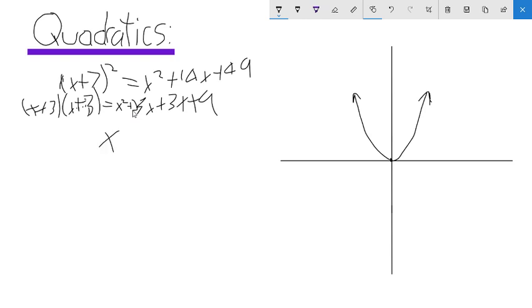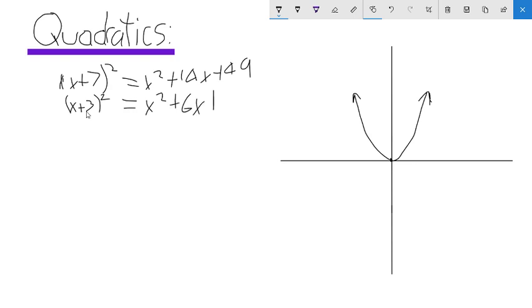So that's going to equal x squared plus 6x plus 9. Let me shorten this up and write it more concisely. So now we've also found out that x plus 3 whole squared equals x squared plus 6x plus 9.